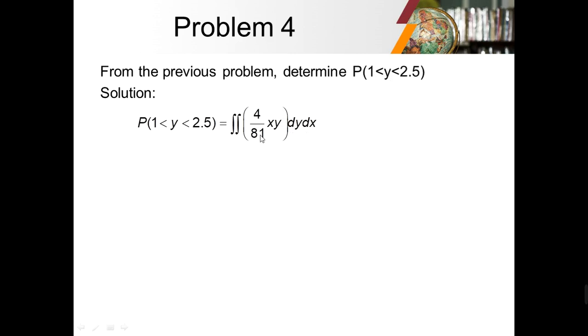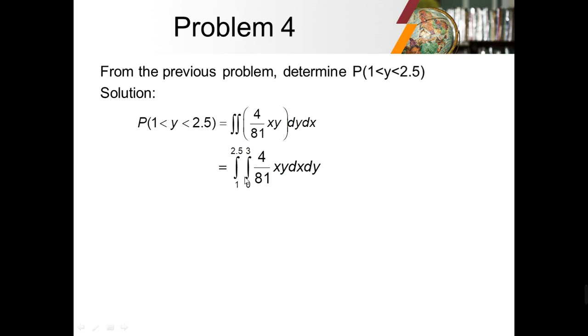Ang limits naman natin para sa x ay yung total range niya. So, which is 0 to 3. Okay? Ayan, dito hindi ko pa napagbaliktad, pero dito baliktad na. Kasi dapat ang mauna ay, ang integration natin ay in terms of x.